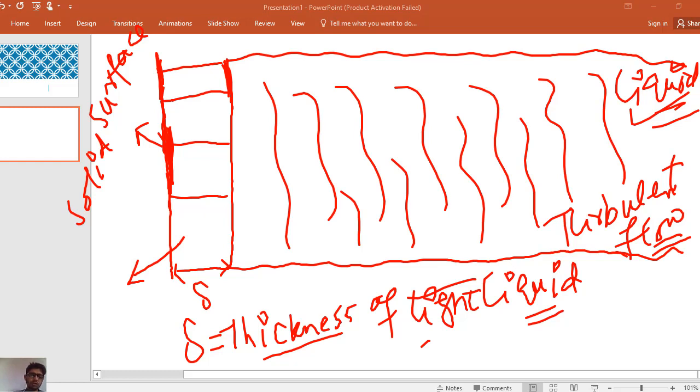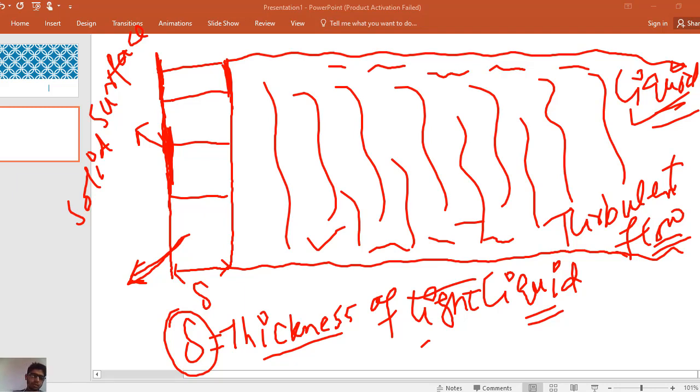First of all, it passes through this thickness delta, and then it comes out to the bulk liquid, where it is transferred to other places by convective mass transport.